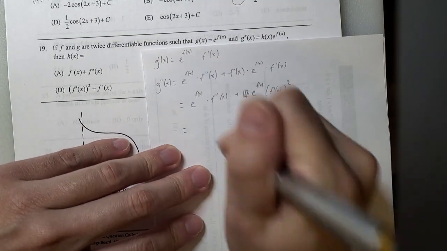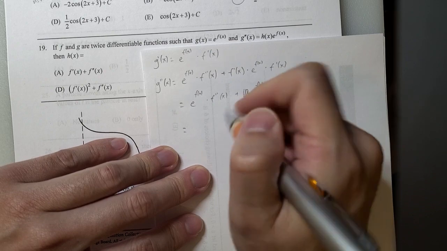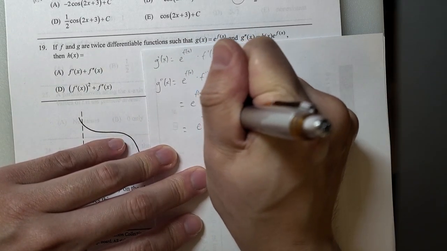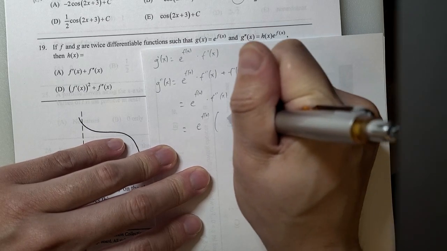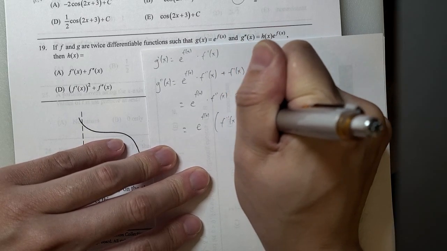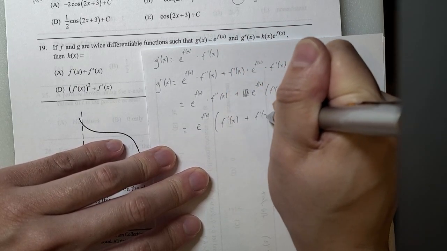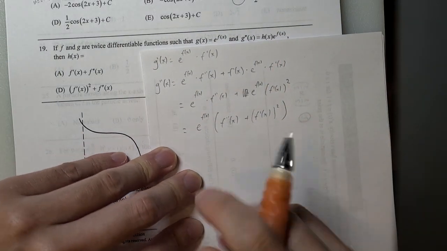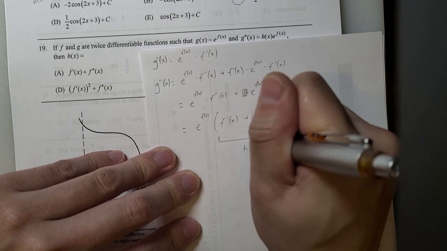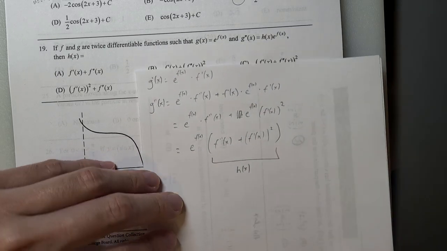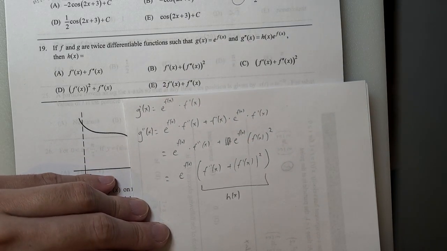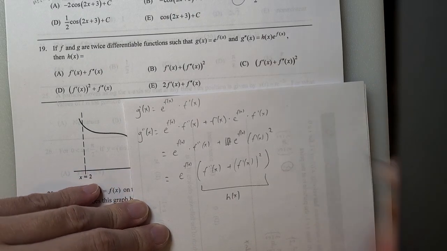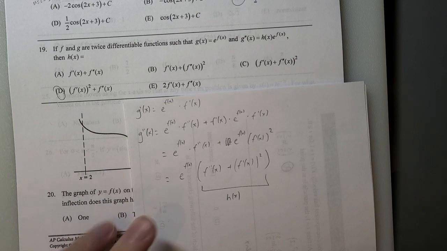So we simplify, we can factor out this e to the f of x because we want to make it look like this. E to the f of x times f double prime of x plus f prime of x quantity squared. So this would be our h of x. And which one is that? That is D, yes. Okay.